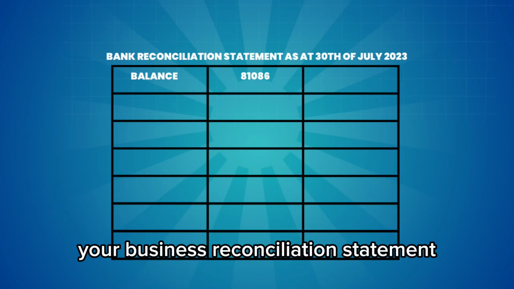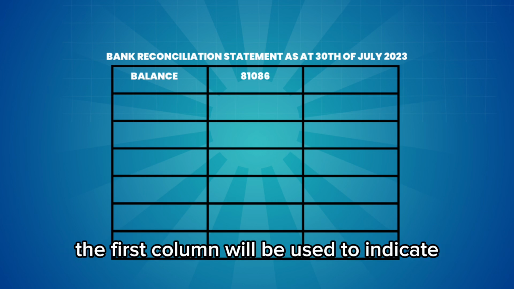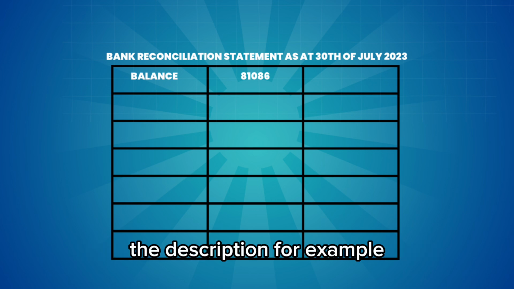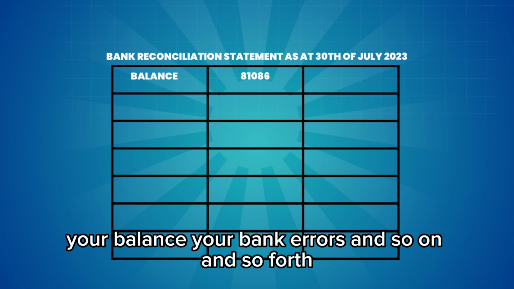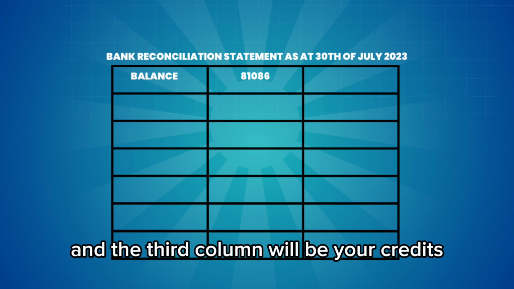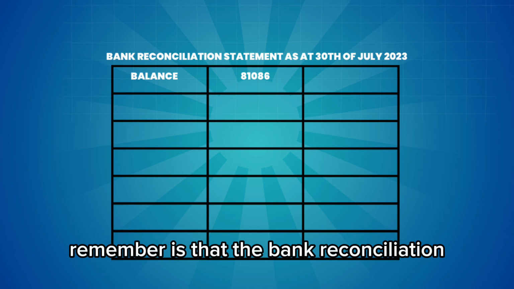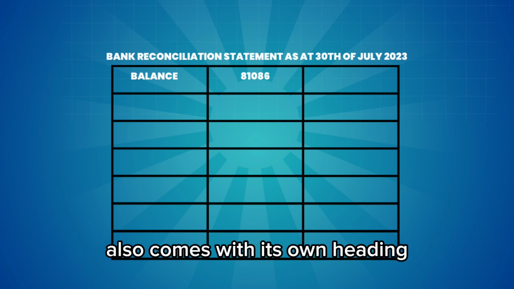Your business reconciliation statement, on the other hand, will have 3 columns. The first column will be used to indicate the description. For example, your balance, your bank errors, and so on and so forth. The second column will be your debits, and the third column will be your credits. Another thing to remember is that the bank reconciliation also comes with its own heading.